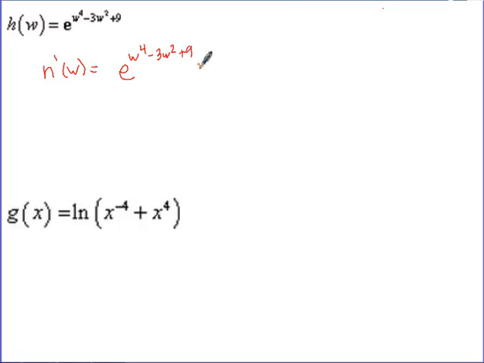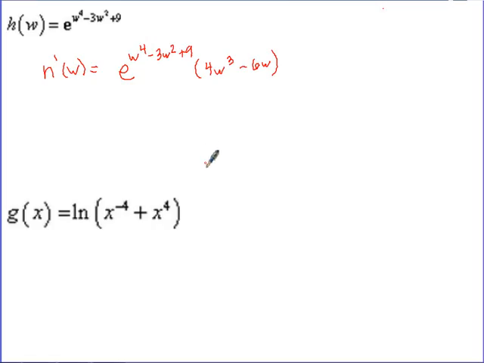But then it's times 4w cubed minus 6w. And again, the only thing is I can write this up front. Is it going to make a difference? No. Could I distribute this e? No, because this is being taken to an exponent. So it's the same as the others. You can't really mess with it.